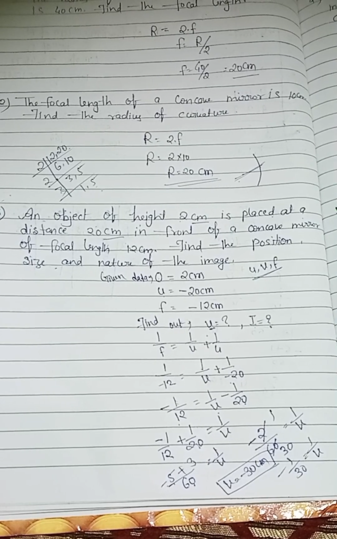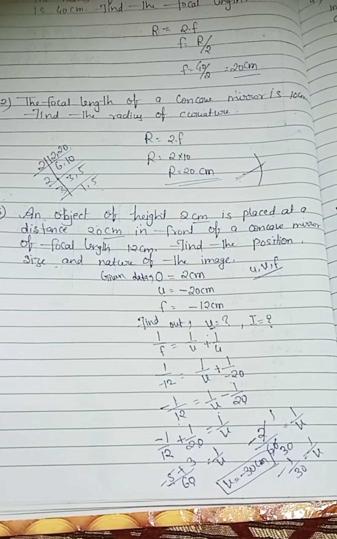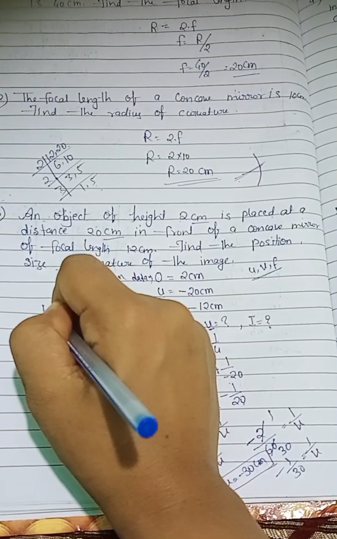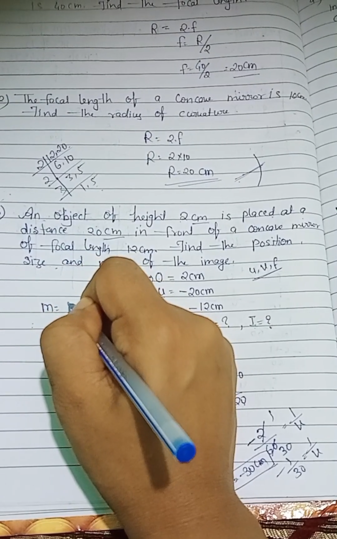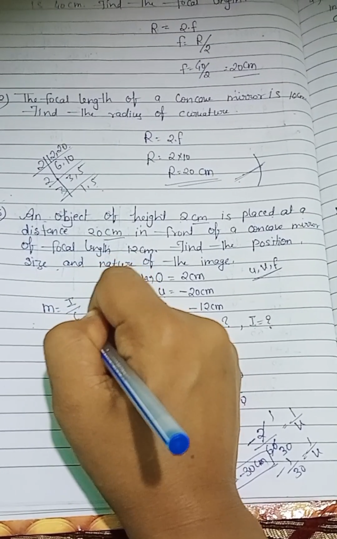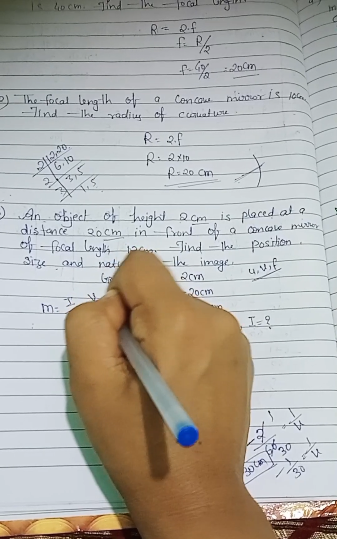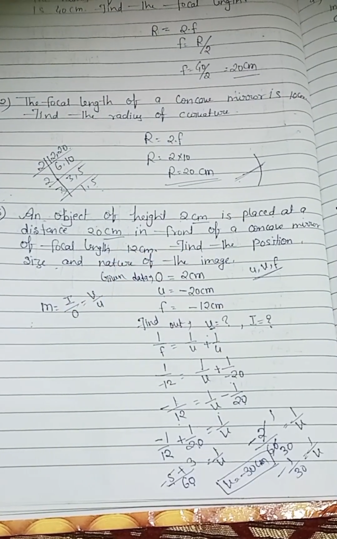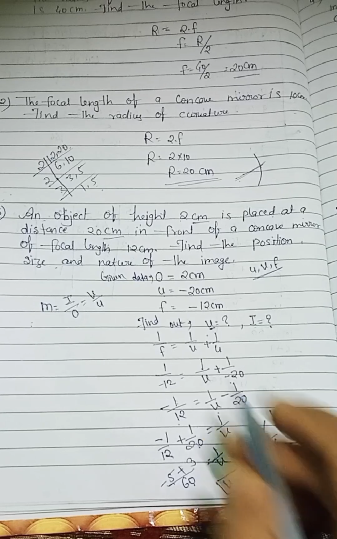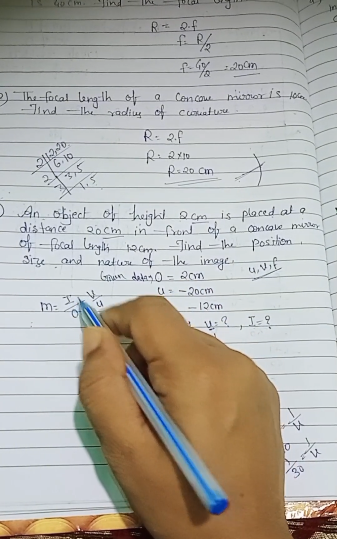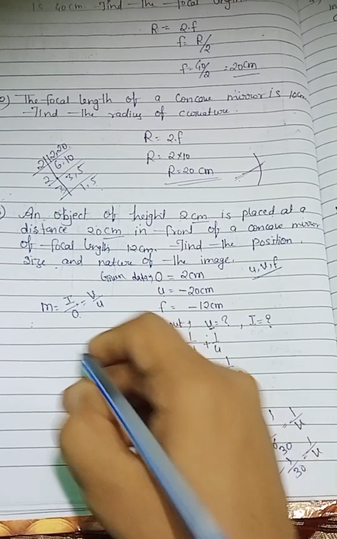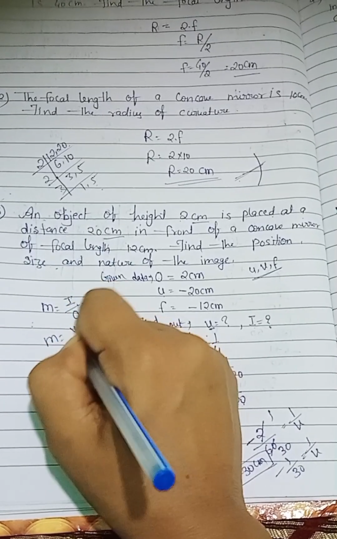You found the position of image. Now we will find the size of image. How to find the size? We use the formula for magnification. M is equal to I upon O, and that is also equal to minus v upon u. First you will use v upon u, because you don't know the value of I, you only know the value of O. So M is equal to v upon u.